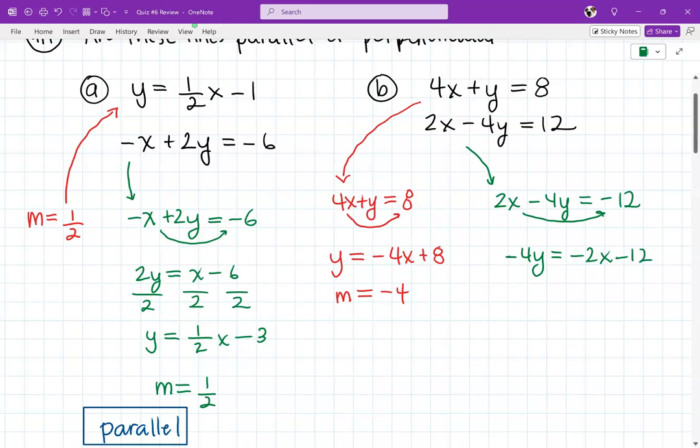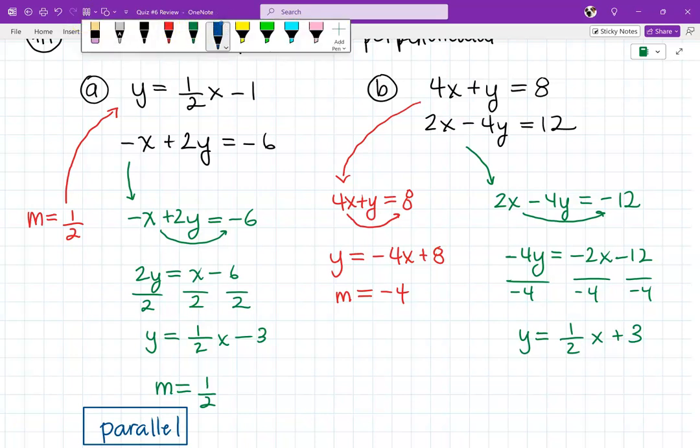And then I'm going to divide everything by negative 4. So y is equal to 1 half x plus 3. So are those slopes opposite reciprocals? No. So this would be a neither.